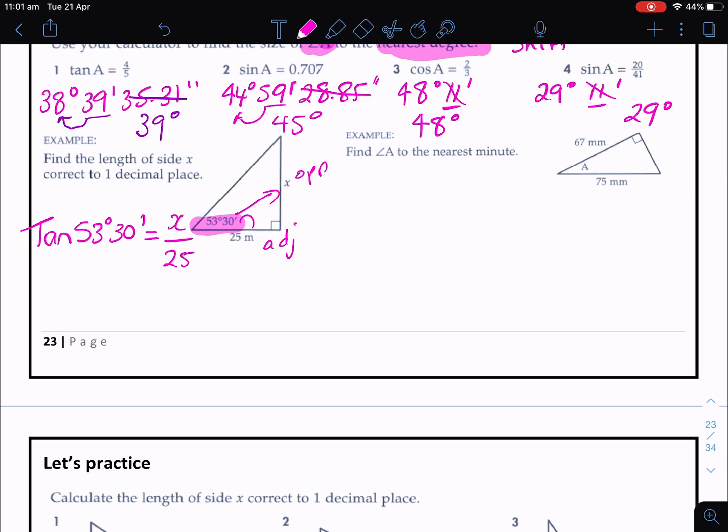Here our unknown is on the top, so what we're going to do is just multiply. So we're going to multiply by 25 on both sides, and X will equal 25 tan 53 degrees 30 minutes. And when we put that in our calculator, we press 25 times tan 53 degrees minutes seconds, 30 degrees minutes seconds equals.